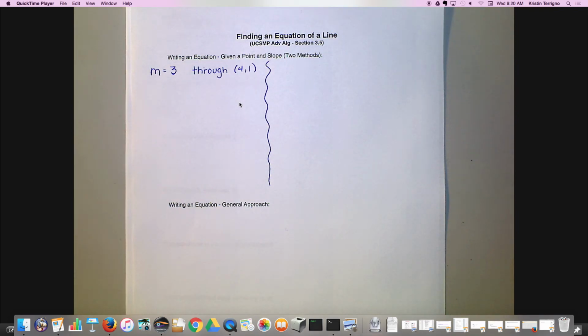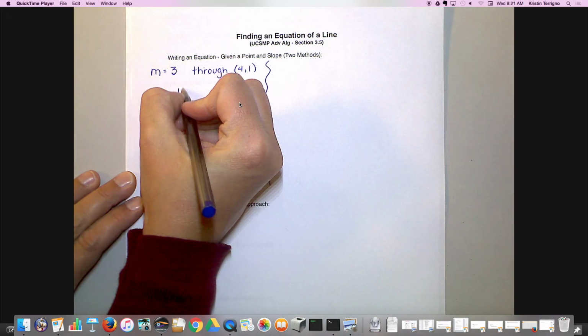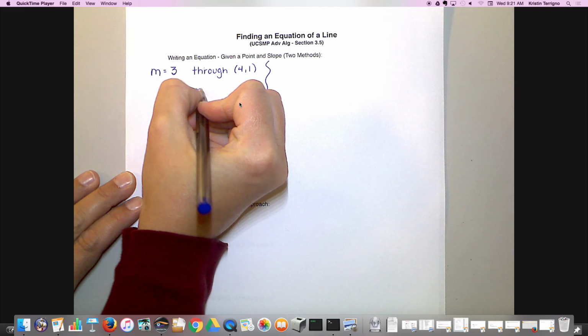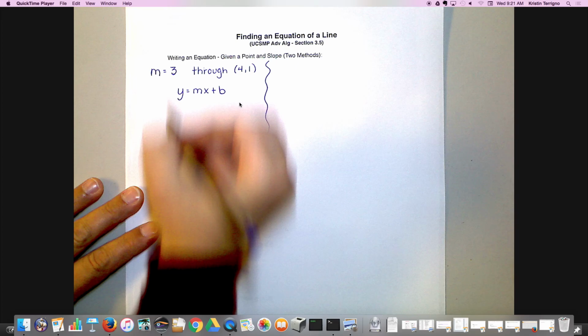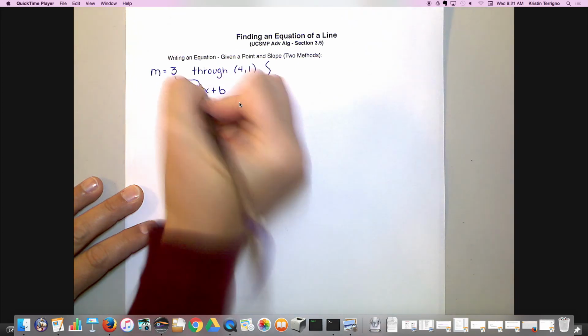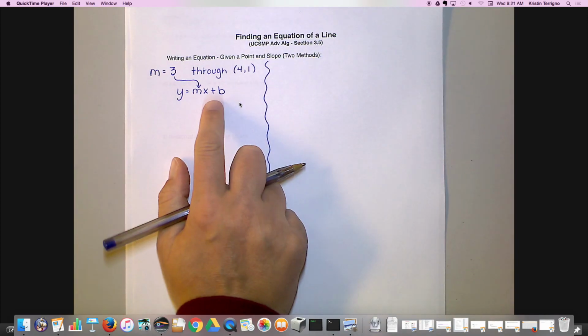This method is probably the one that I think is most popular with students, especially since it's close to what we did when we solved for the k value back in chapter 2. We know that our equation is going to look like this, right? Y equals mx plus b. And we know that this 3 is going to go in place of m, right? But we don't know what b is, the problem.